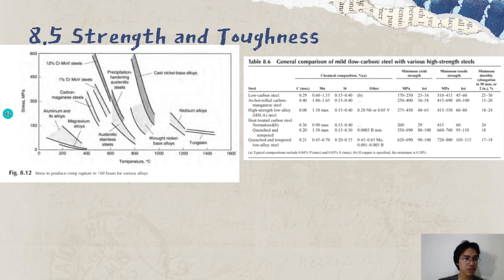This is stress in MPa, for aluminum and its alloys, magnesium alloys, austenitic stainless steel, nickel-based alloys, tungsten, and niobium alloys, and so on. And table 8.6 is a general comparison of mild low carbon steel with various high strength steels. You can see the many steels in the low carbon steel, and quenched and tempered low alloy steel.